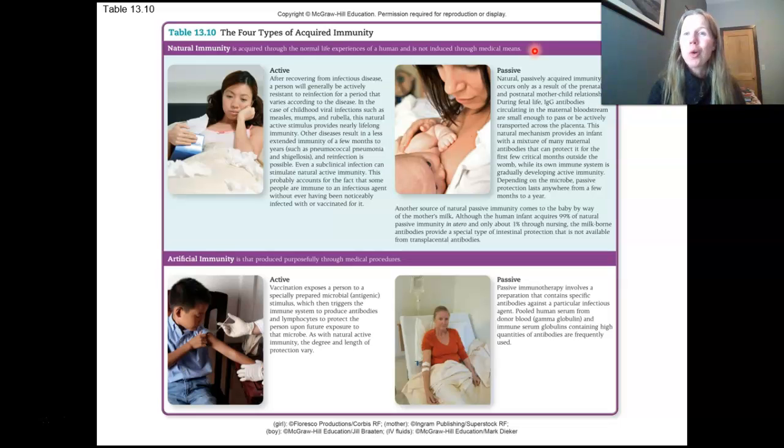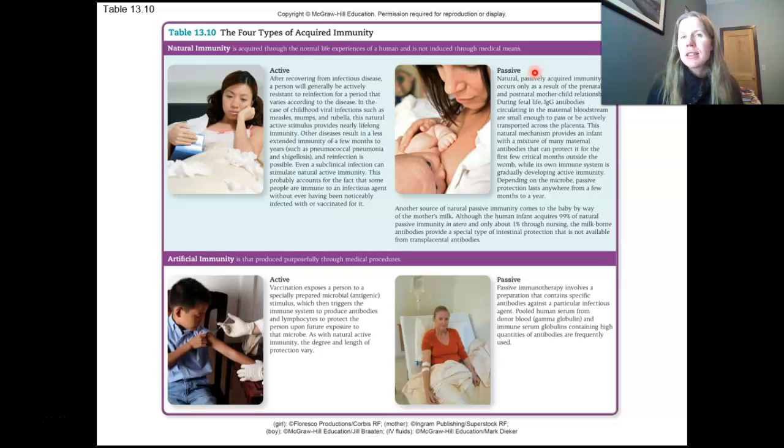Other ways to get acquired immunity. Here's another natural example where you get immunity passively. Natural passive immunity is when antibodies either cross the placenta or cross via breast milk into the baby. This is basically handing the baby preformed antibodies so that if they become exposed to whatever's going around, say mom caught H1N1, she's giving the baby antibodies so that it's not going to get sick.